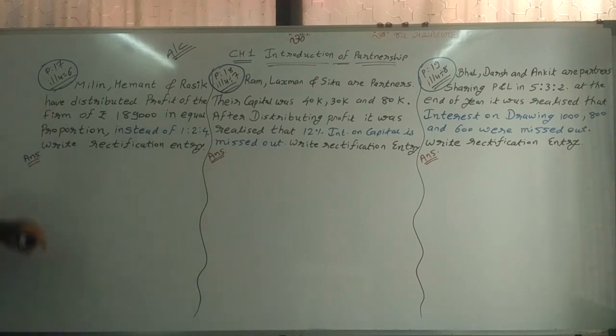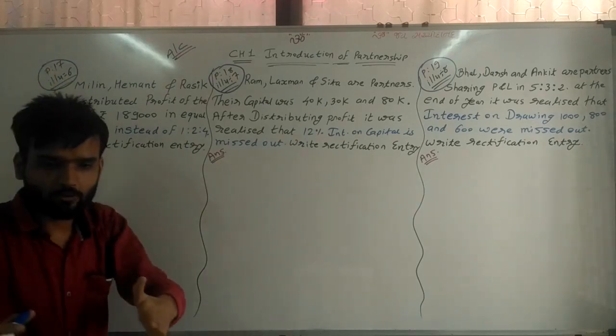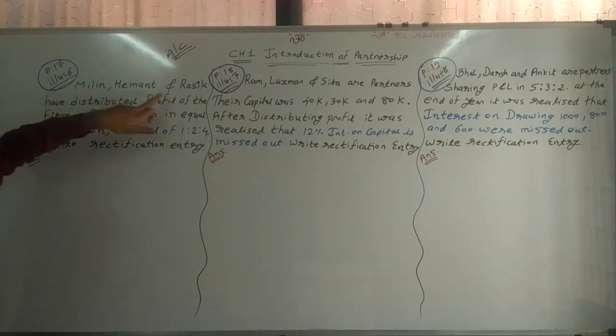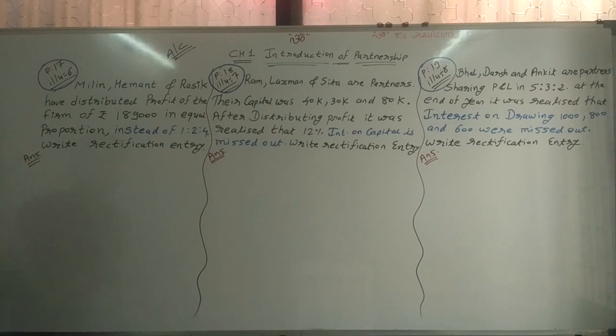See here, this is illustration number 6, page number 17, given in your textbook. Milling, Hemant and Rasik have distributed profit.